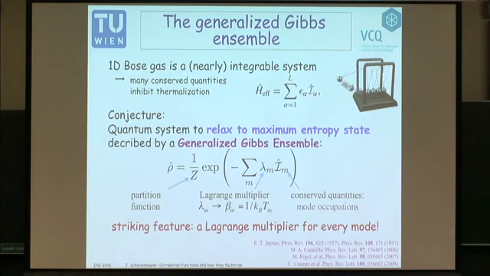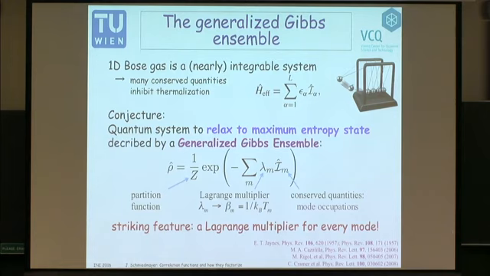Now, I have this integrable system, and of course we never have a perfect integrable system. For an integrable system that has only nearly conserved quantities, I could write down, in a simple experimental way, not as nice as it was done yesterday, a density matrix with a Lagrange multiplier for every conserved quantity, so basically a Lagrange multiplier for every mode of our system.